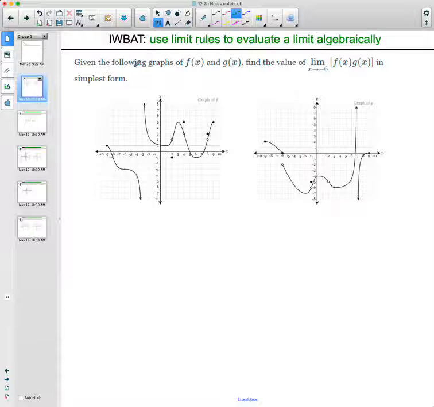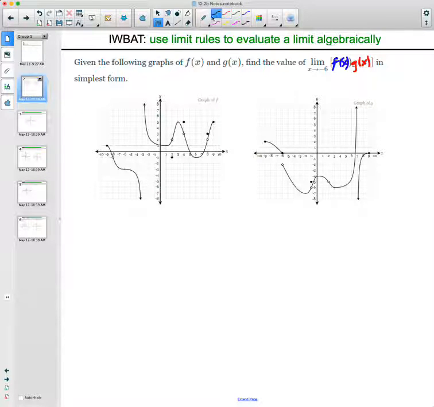Given the following graphs, f of x and g of x, find the limit as x approaches -6 of f of x times g of x. Remember that the property that we learned in the last video was that we can do the limit of each of these separately. So we've got this f of x in here, and we've got g of x.